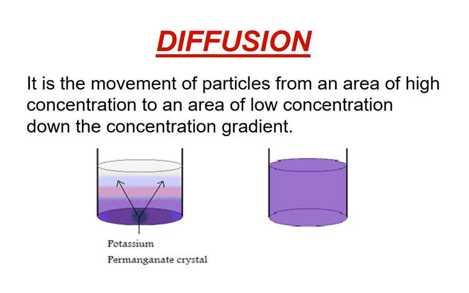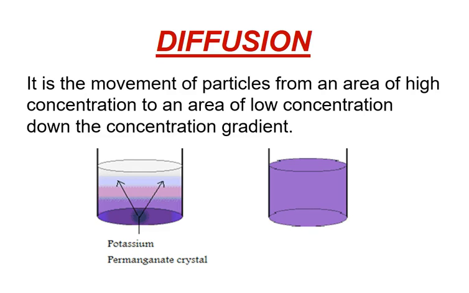The top of the water has very little potassium permanganate particles, so that is the area of low concentration, and the gradual change in concentration from high to low is called the concentration gradient.